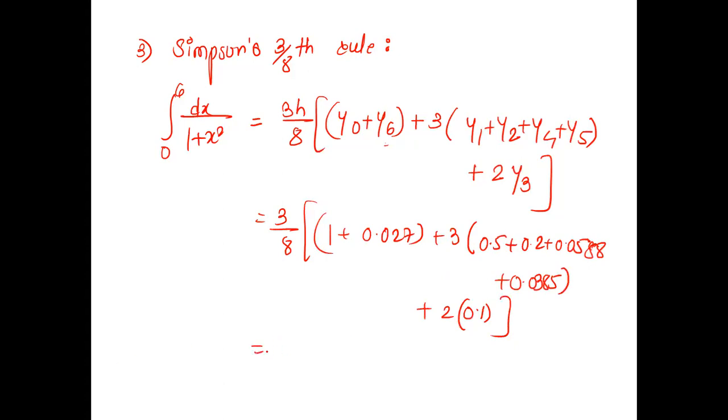Solve this. One point 357. Correct. 1.3571. This is by Simpson's 3/8 rule.